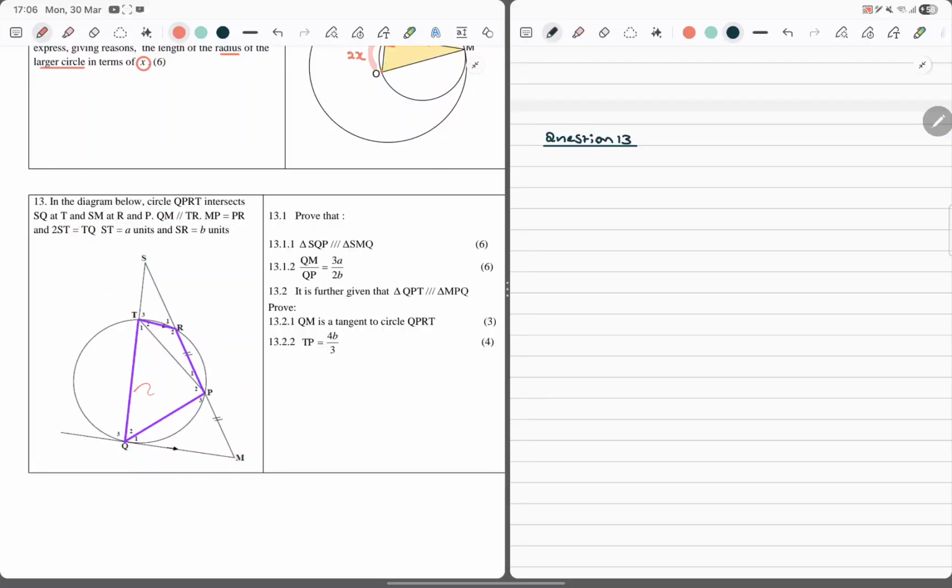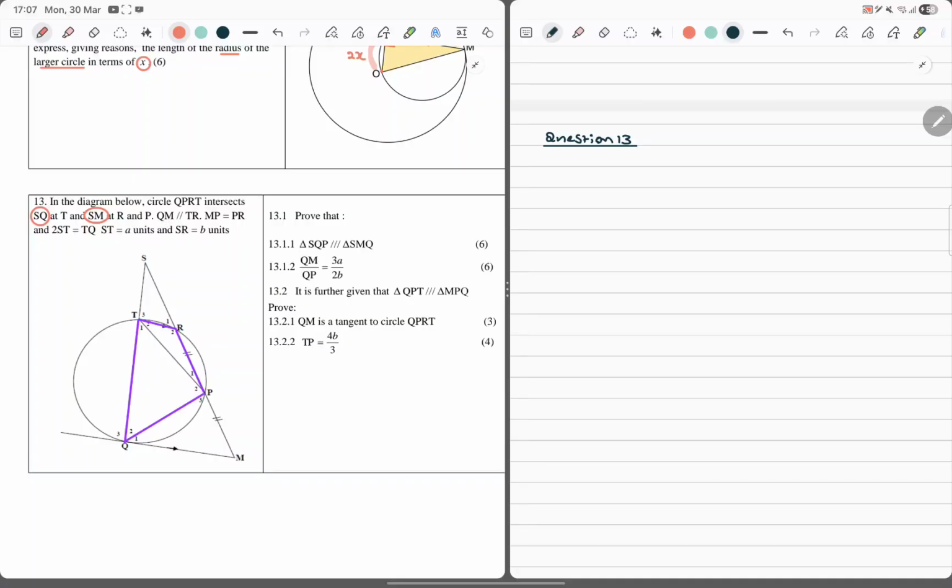And SM at R. So these are secants to the circle basically. And by them being named like this, it already tells us that these are straight lines. Please remember this, and specifically, they are secants.